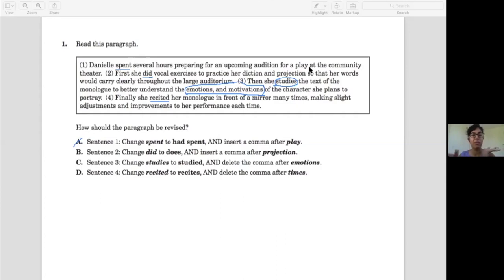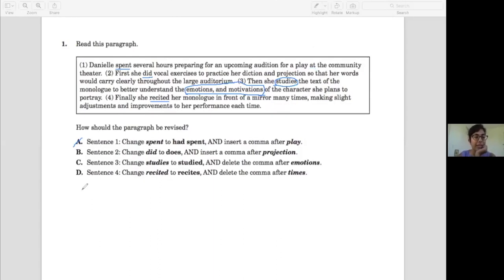You only do that with modifying clauses, clauses that add some extra information but don't belong to the main grammar of the sentence. Whereas here we have this word at, play at the community theater. At is already doing the hard work of linking the community theater to the rest of the sentence. We don't need to use a comma to clarify the relationship of this part of the sentence to everything else, right? So not that one.